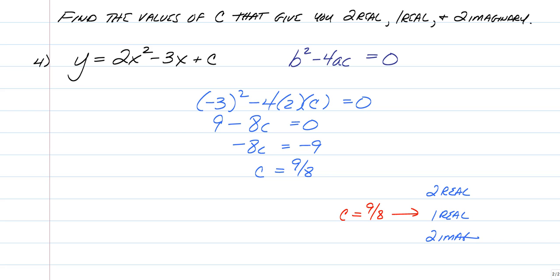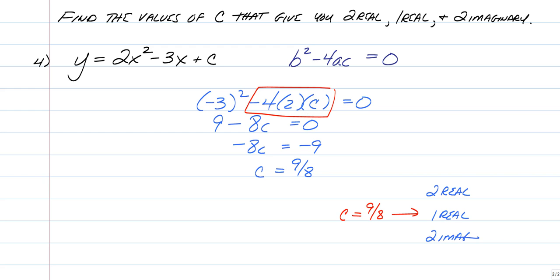So let's pretend that c is greater than 9/8. If c is greater than 9/8, then this minus 4 times 2 times c is going to get bigger, which means we would have a negative number, because this would be 9 minus something greater than 9.